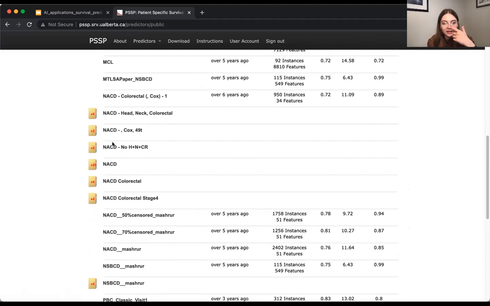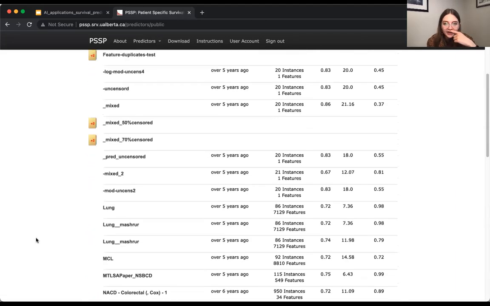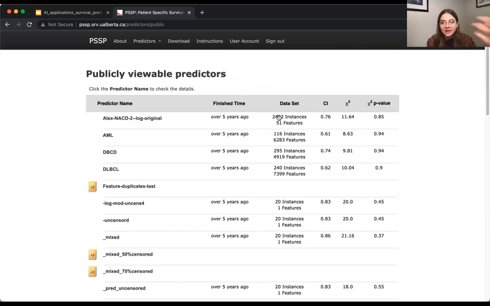A lot of these are cancer. And so here you can see how many instances versus how many features. You can see the concordance because again, that's a very commonly used metric. And then you can also see these chi-square values and the p-values, which have to do with decalibration.